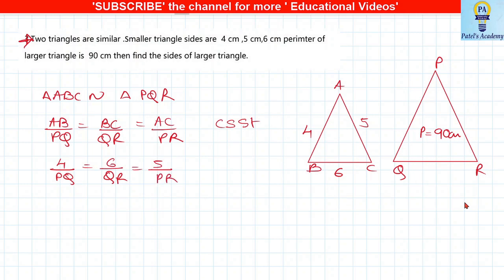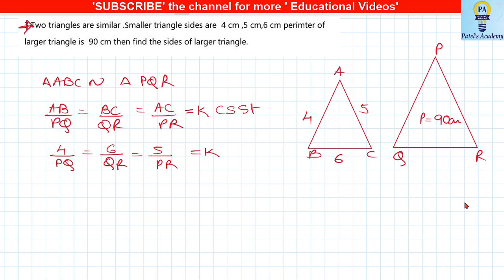Now we are going to use one property from 9th standard. Let me go to the previous step and write equal to K here. Now when I write equal to K, I am using a property called theorem on equal ratios.